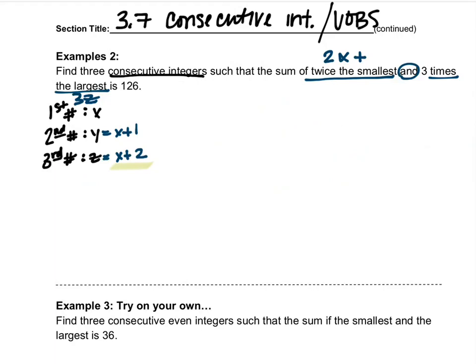We'll get there in a moment. And we know that "is" means equals 126. So let's write this expression that we now have. We were told that twice the smallest and, which is the sum, 3 times the largest is 126.